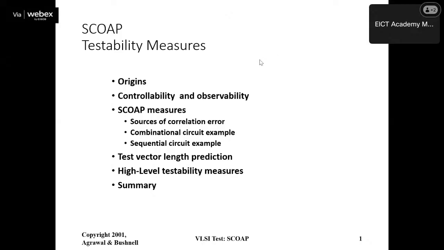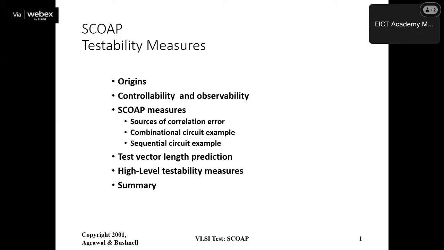So basically, SCOAP measures are going to give us the idea of how tough the controllability and observability of the VLSI circuit is. SCOAP measures are also going to give us the sources of correlation error.